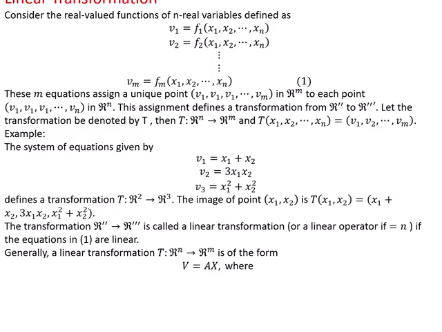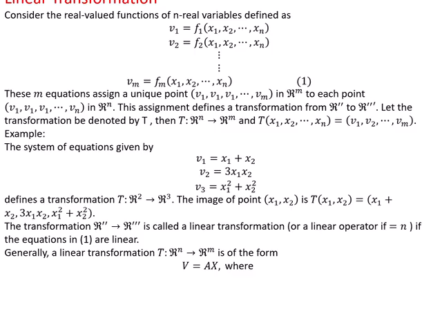This assignment defines a transformation from real numbers of dimension n to dimension n. You are having your v1, v2 up to vn, and you are having your x from x1, x2 to xn.